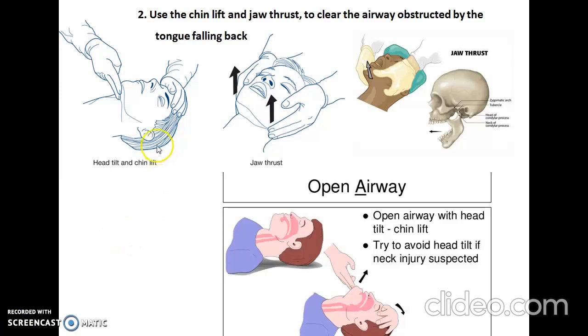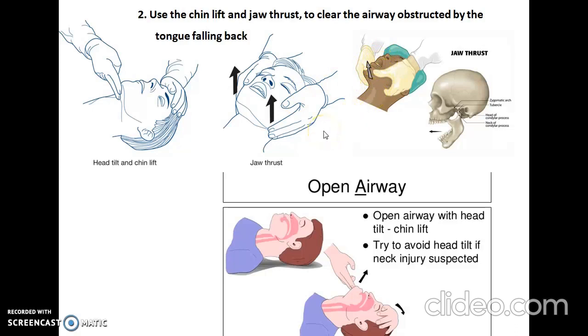With the help of the picture, we can analyze it. Head tilt and chin lift technique: we can go with the head tilt as well as the chin lift technique, and the jaw thrust can be observed in the diagram. You can observe that the passage will be open so that air can pass.